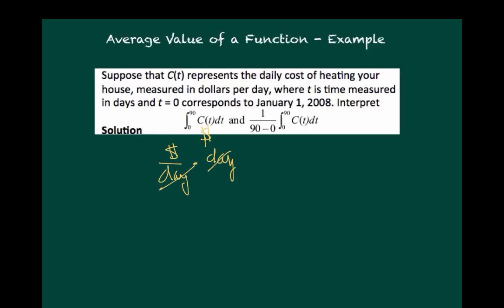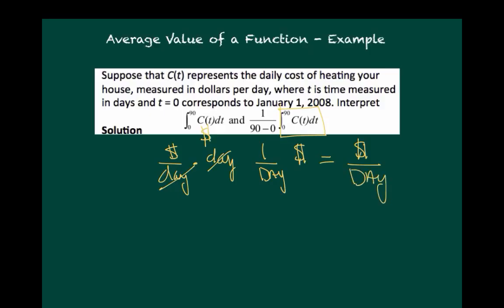Okay, for the second expression, we know that the integral portion is represented with dollars as the units, and 1 over 90 is going to be 1 over days, because 90 minus 0 is the days. That means that the units for this expression are dollars per day.